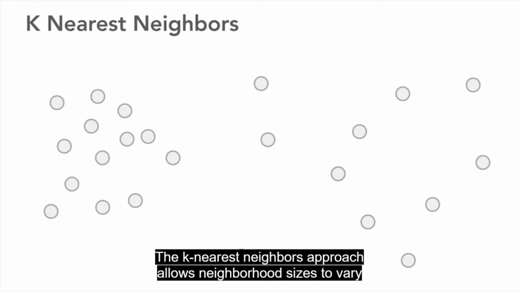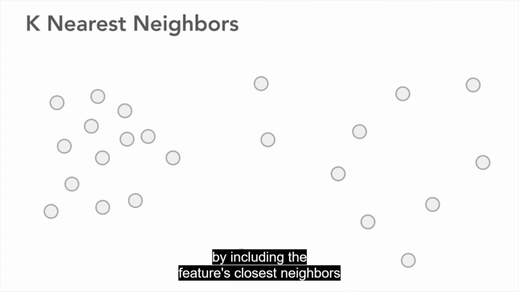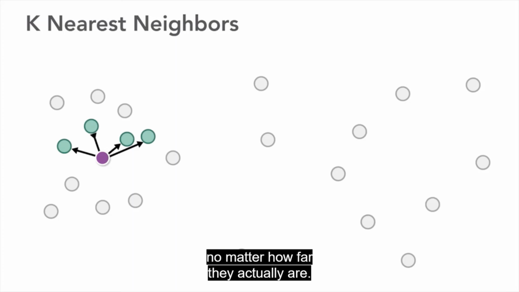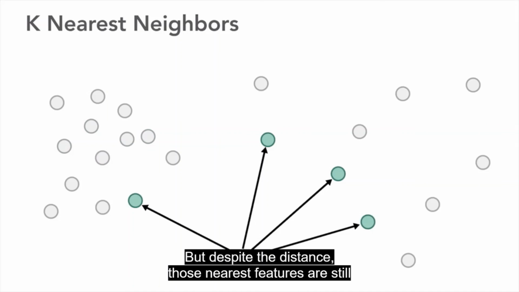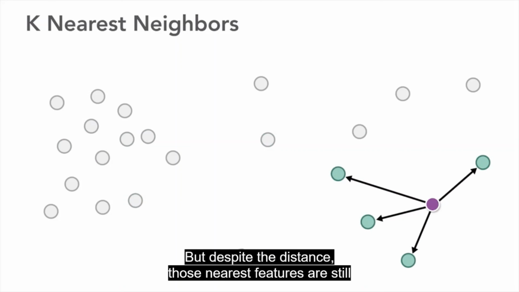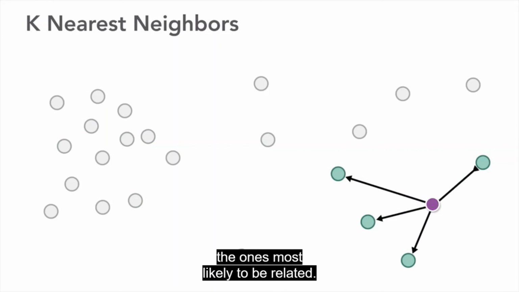The k-nearest neighbors approach allows neighborhood sizes to vary by including the feature's closest neighbors no matter how far they actually are. In this illustration, we've specified 4 nearest neighbors, which for some features are a lot closer than others. But despite the distance, those nearest features are still the ones most likely to be related.